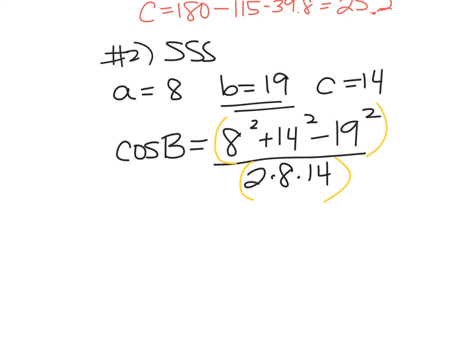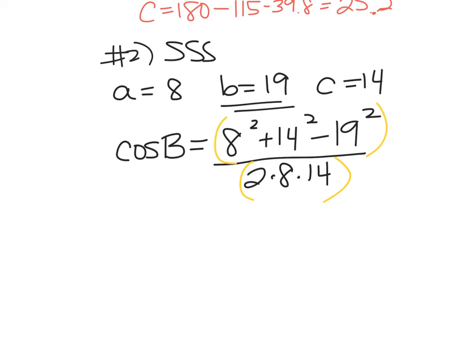Close parentheses. Divide by parentheses 2 times 8 times 14. All right, and I get negative 0.45. Don't be alarmed. It's okay. Now we're going to do cosine inverse of our answer. It's just going to be in quadrant 2, 116.8 degrees.